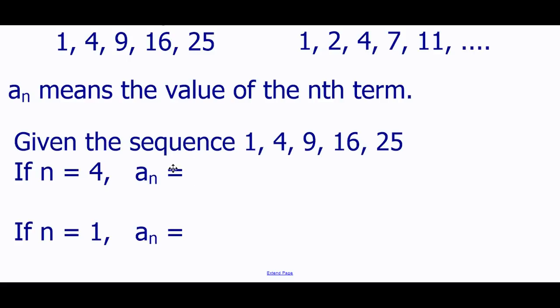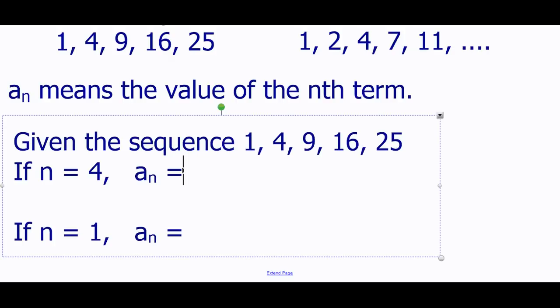If n equals 4, meaning I'm trying to find a sub 4, I'm just counting what is the fourth term in the sequence. So I just count 1, 2, 3, 4. So a sub 4 in this case is 16.